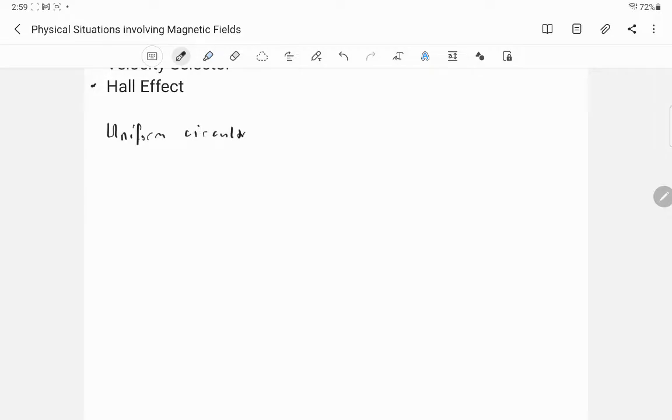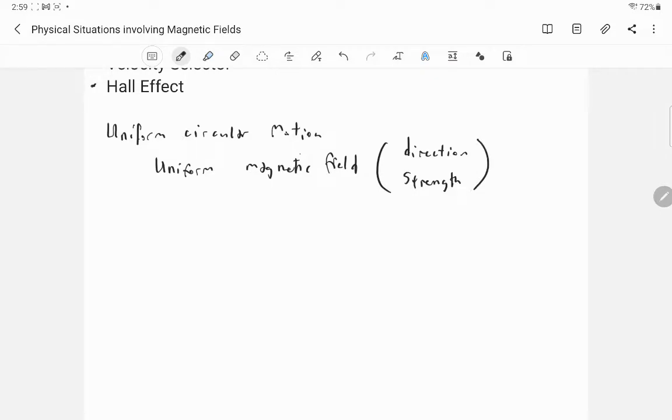So the ingredients for uniform circular motion, what we need is a uniform magnetic field. What this means is the direction of the field is the same everywhere, and the strength of the field is the same everywhere. You know that the magnetic field is a function of position in space.